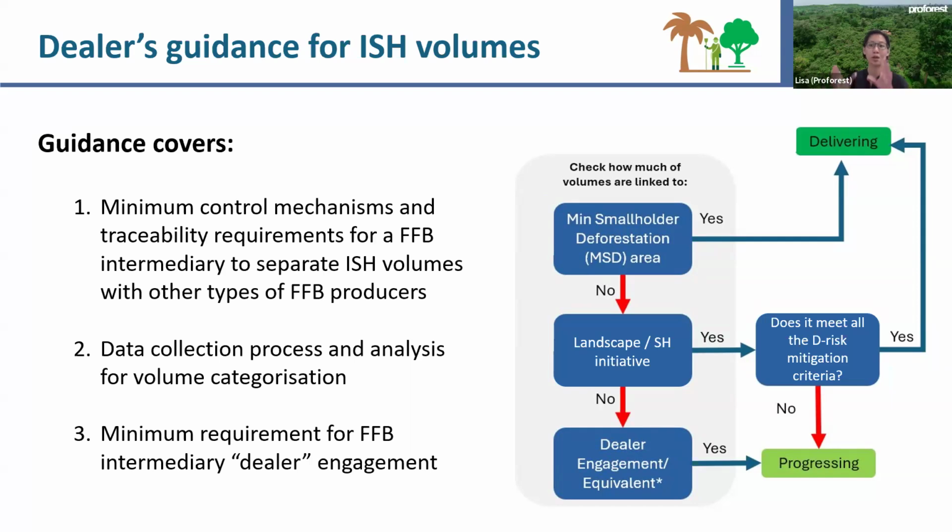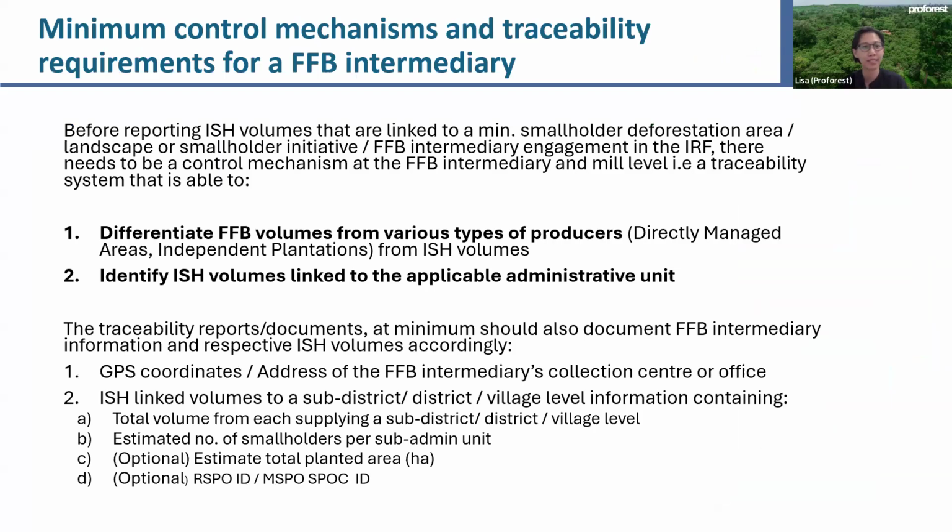So the guidance also shows you how you bucket accordingly into the different pathways that your independent smallholder volumes are parked in. And finally, the guidance also highlights what are the minimum requirements to qualify as an FFB intermediary engagement, also known as a dealer engagement. All right, moving forward to the next slide.